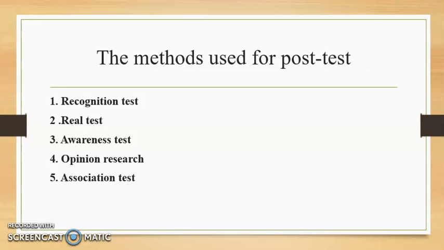Next is awareness test. Here we're going to see how much they're aware about the brand, the trademark, such things. All right. So are they aware about it? Are they aware about the brand, the trademark? And if they are, it shows that they do like the product, they do like the advertisement.